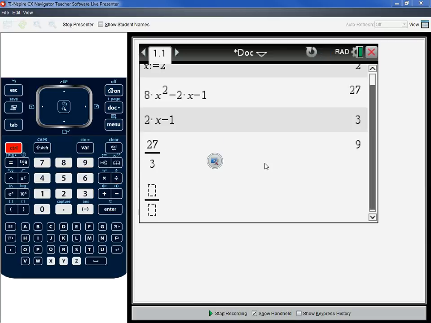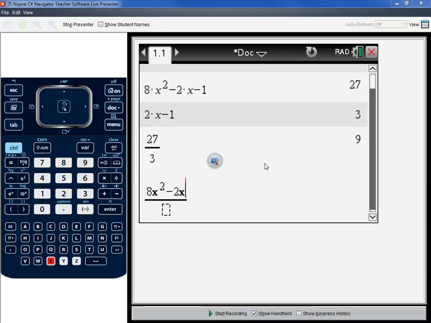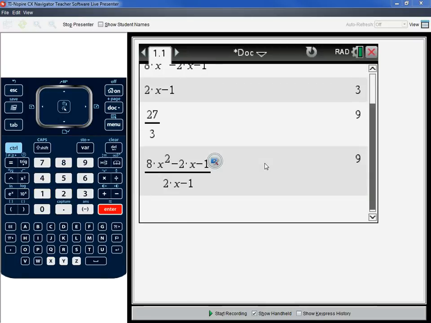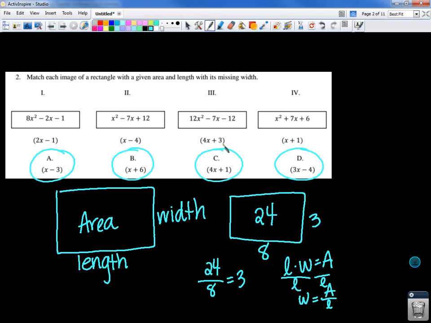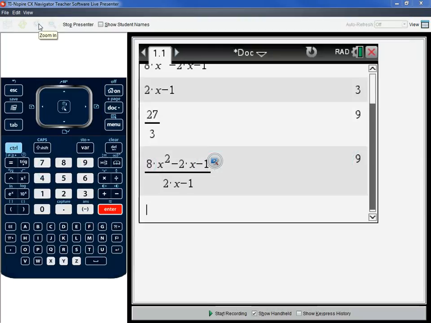Or, if I think of this as an area of 8x squared minus 2x minus 1 and a length of 2x minus 1, there I have my width of 9. But my answer choices, if you recall, were given as polynomials as well. So I'm going to test those and see which one it is.